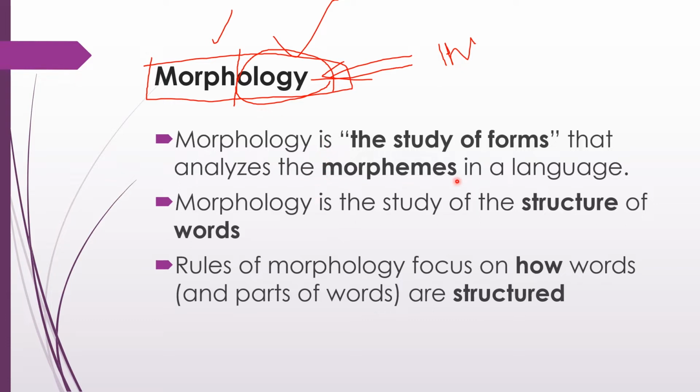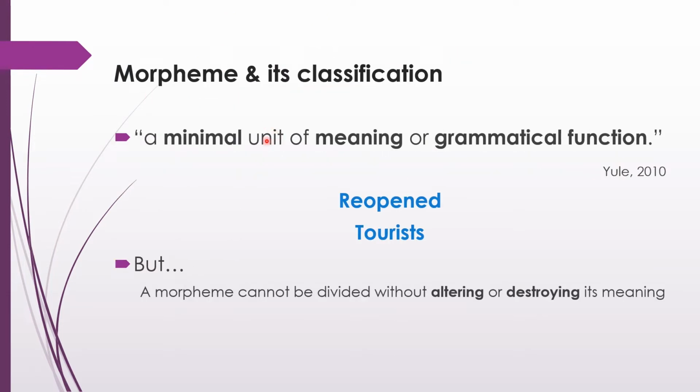So what is a morpheme? A morpheme is a minimal unit of meaning or grammatical function. In order to be a morpheme, we need two conditions.